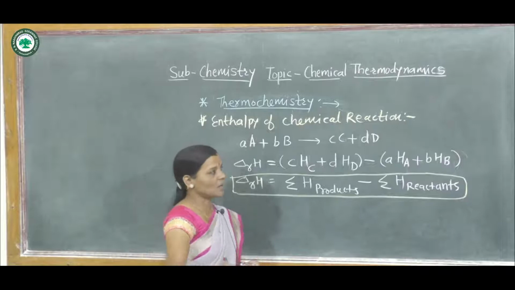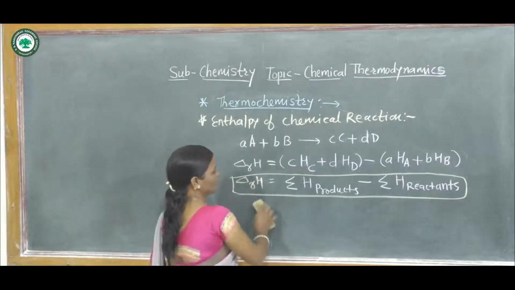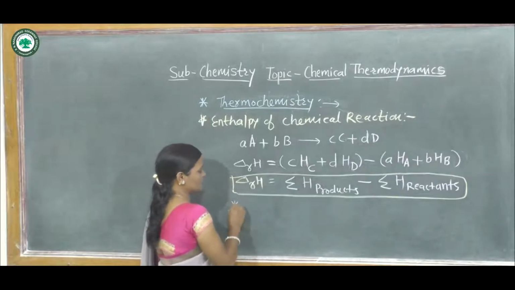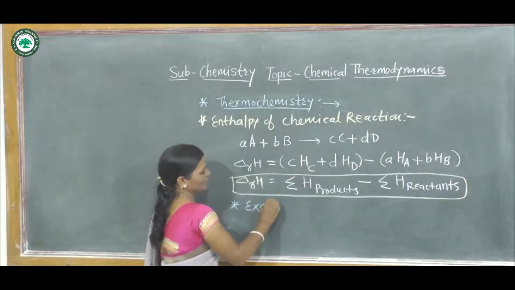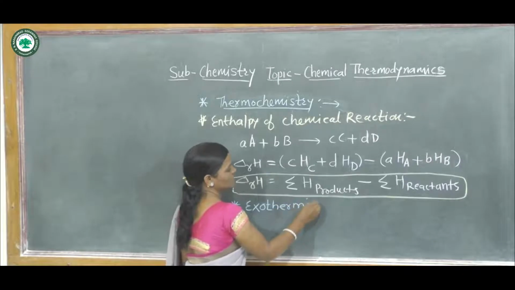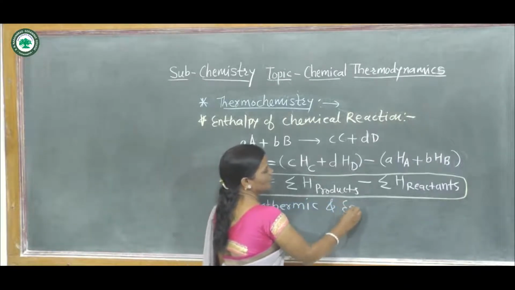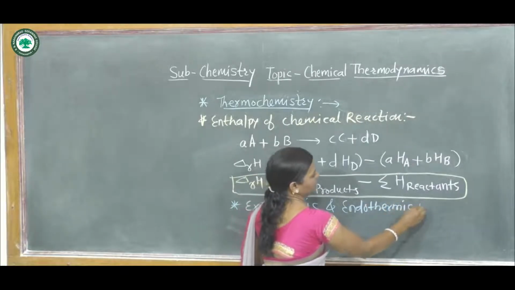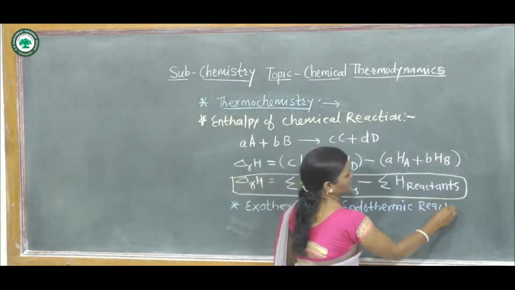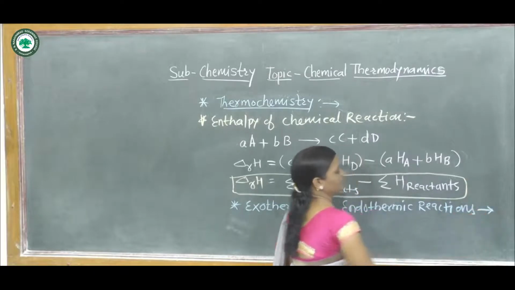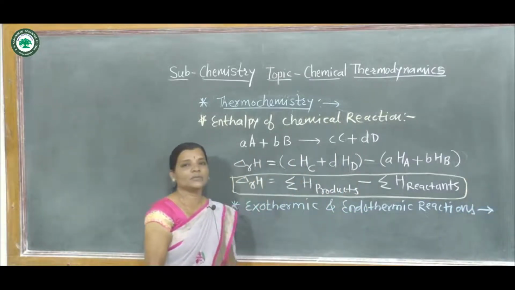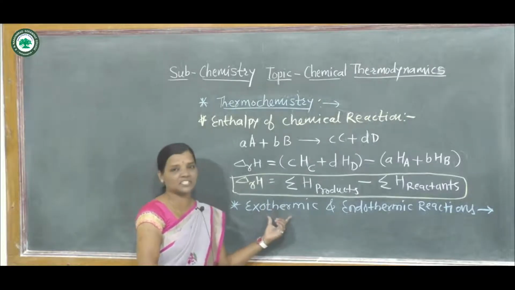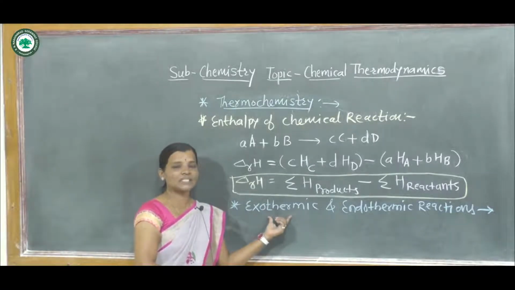Now consider, there are two types of reactions that take place. Which are they? Exothermic reactions and endothermic reactions. Now what is meant by exothermic reaction? The reaction in which heat is released from the system to its surrounding.